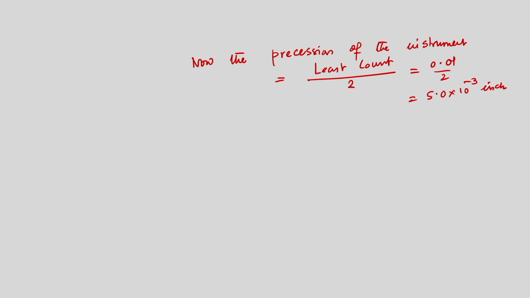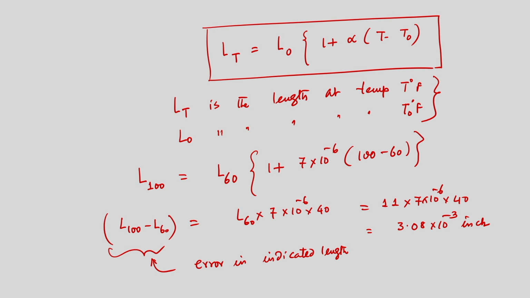So, we can see the precision of the instrument is 5 into 10 power minus 3, whereas the error is 3.08 into 10 power minus 3.